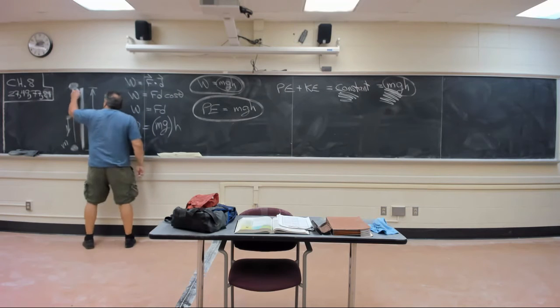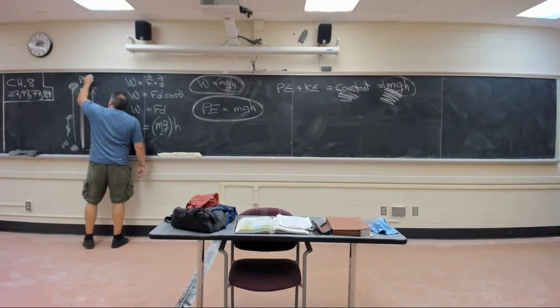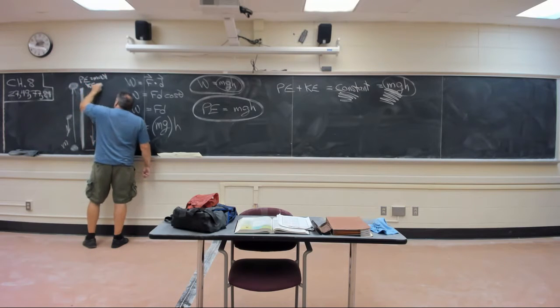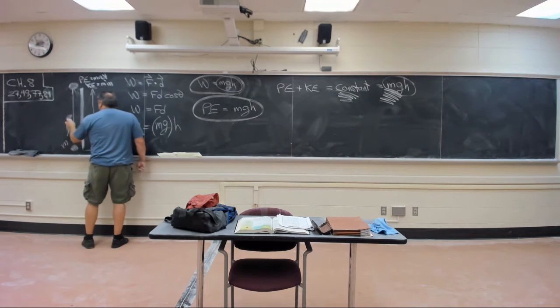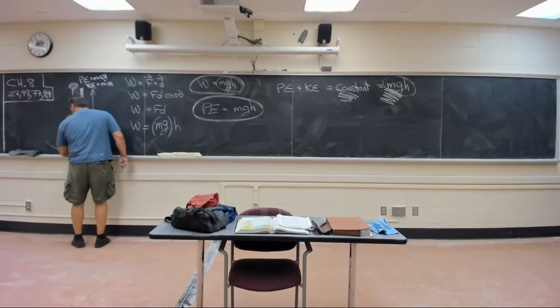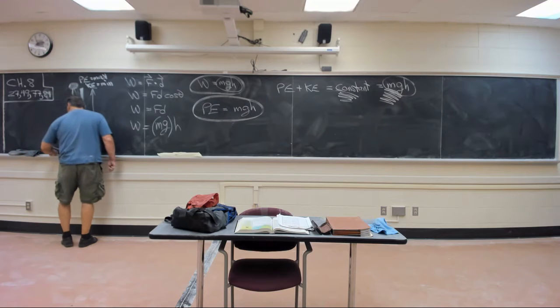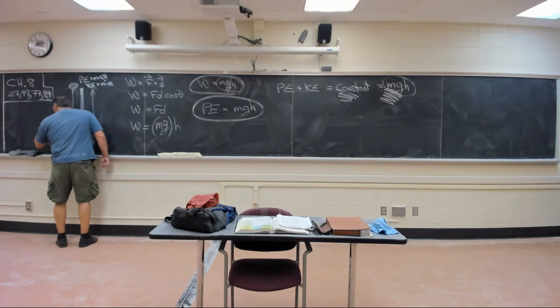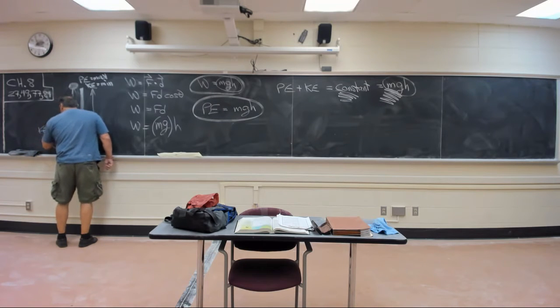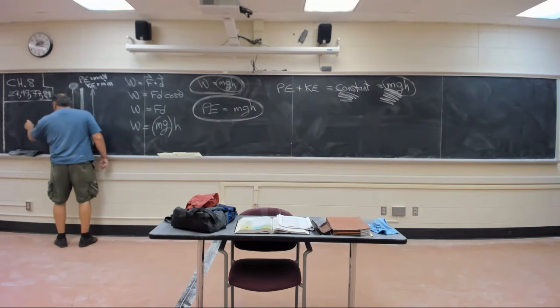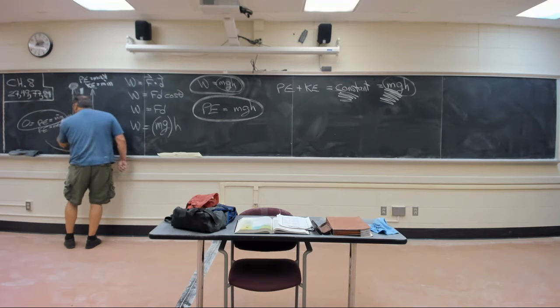Down here, there's no potential energy. Got to remember, up here potential energy was a max and kinetic energy was a min. Here was kind of right in the middle. Here, kinetic energy is a max, potential energy is 0, a min.